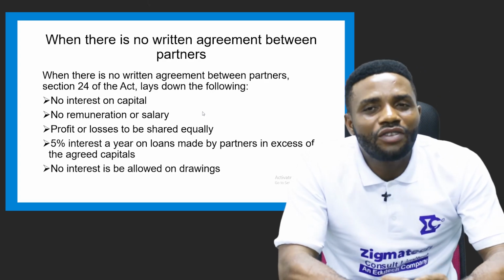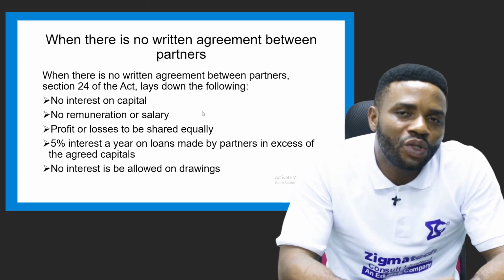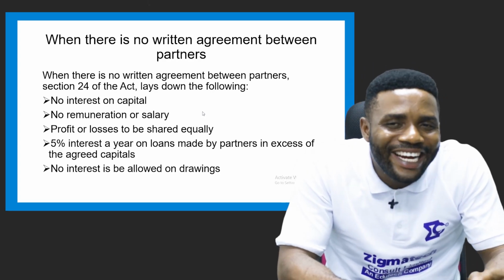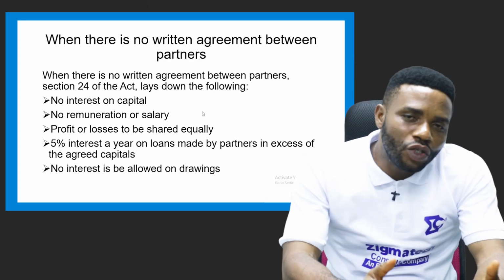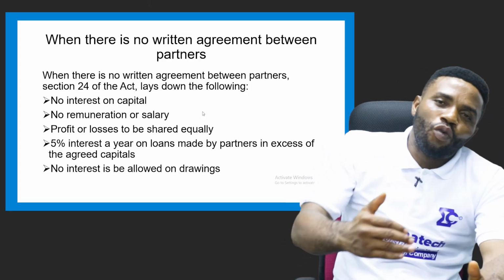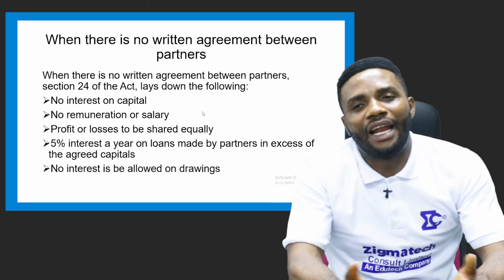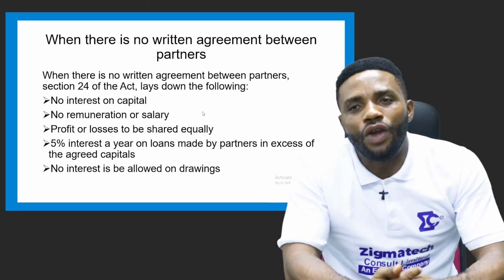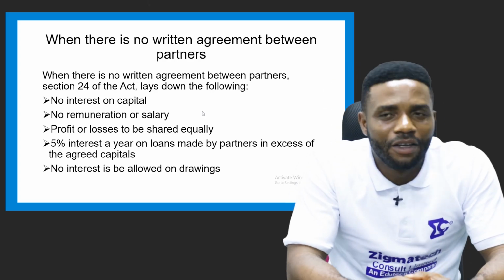But in a situation where this person's money that has been introduced is not up to the agreed capital, then what is going to happen is that they are going to subtract the agreed capital from the money, and whatever is left is what the 5% will be charged on. And the last but not the least is that no interest is to be allowed on drawings. Everybody can take from the business.